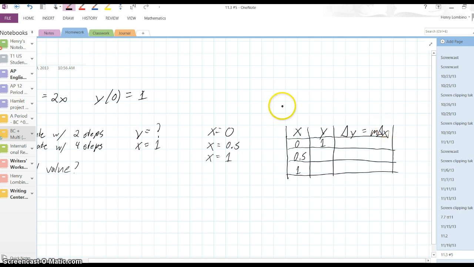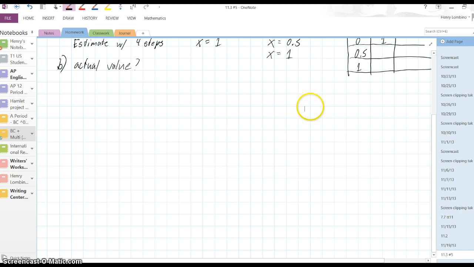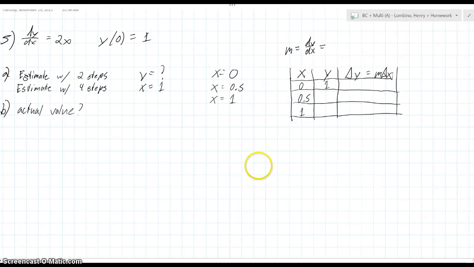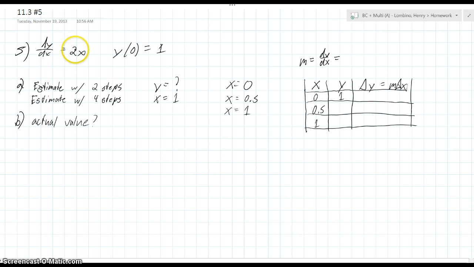So m is going to equal dy dx, which is equal to 2x. For each point, we're going to plug in the proper amount to find the change in y. I'm sorry, I should have made this full screen.